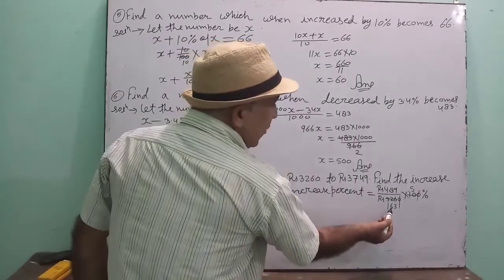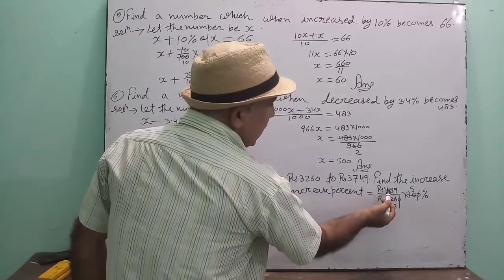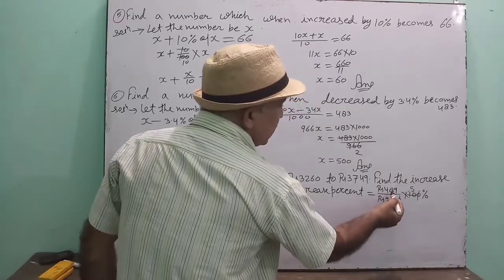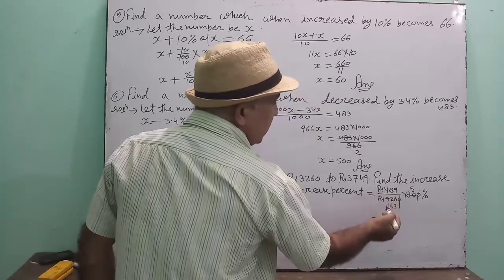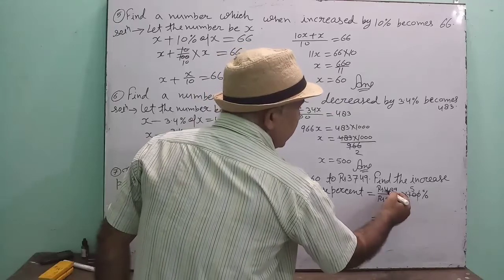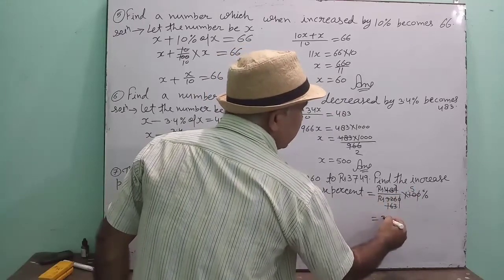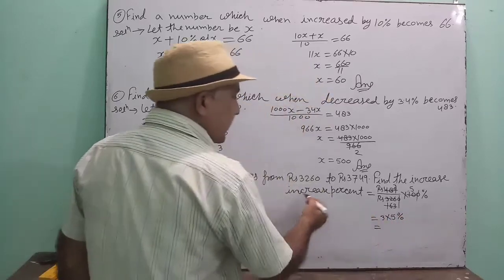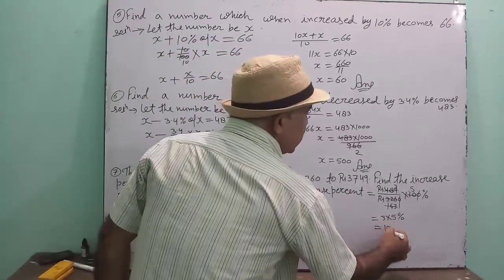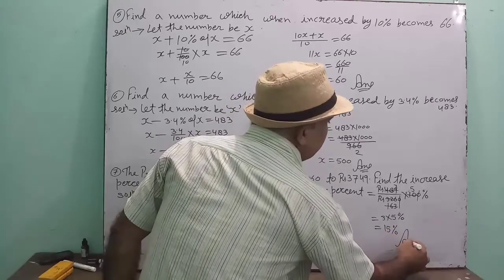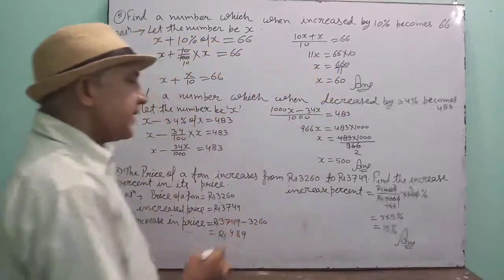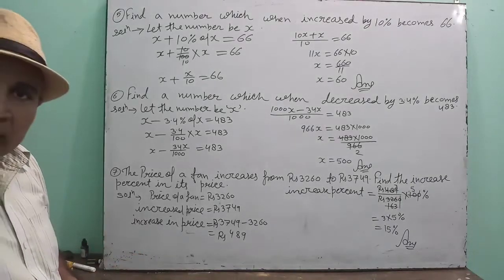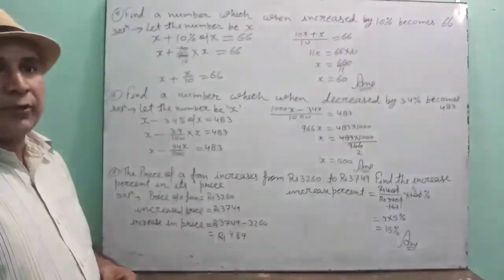Now you can see 163 is dividing 489 by 3 times. 3 into 3 is 9, 3 into 6 is 18, 3 into 1 is 3 plus 1 is 4. So 3 into 5% is the increase percent, means 15%. Increase in price percent will be 15%. Okay. Now pause the video and note it down.